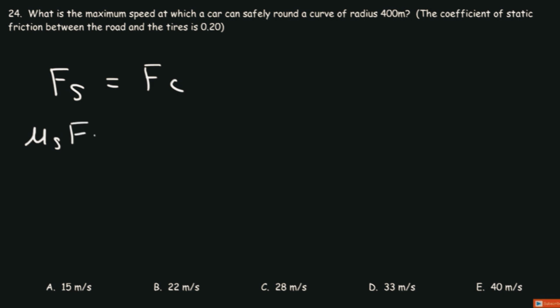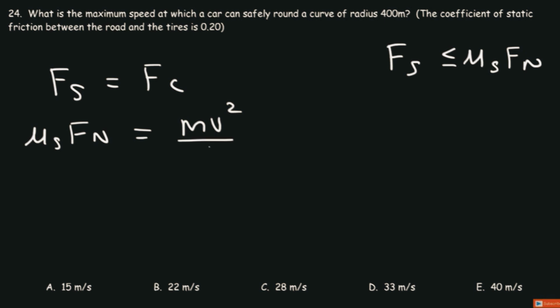Now, static friction is an inequality. It can exist from 0 up to the maximum value, which is mu s times the normal force, and we need to use the maximum value because we are looking for the maximum speed. The centripetal force is mv squared over r. It is mass times the centripetal acceleration. The normal force is mg, since the surface is flat, and we can cancel m.